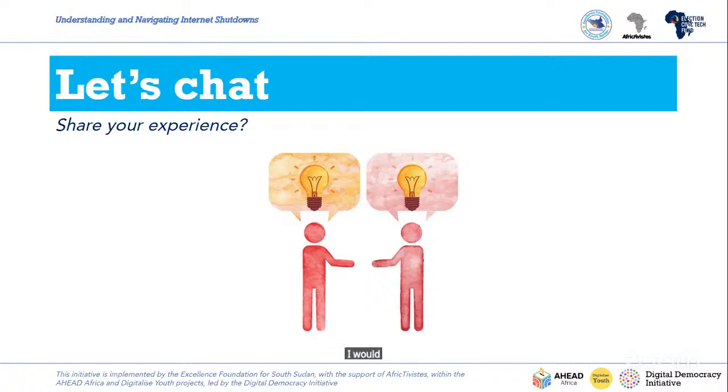I would like to say, I think last year we had an internet shutdown in Juba, in South Sudan, which also affected the entire country, more especially the journalists. It was the first time I experienced an internet shutdown, especially for freelancers and other people who benefit more through the internet.